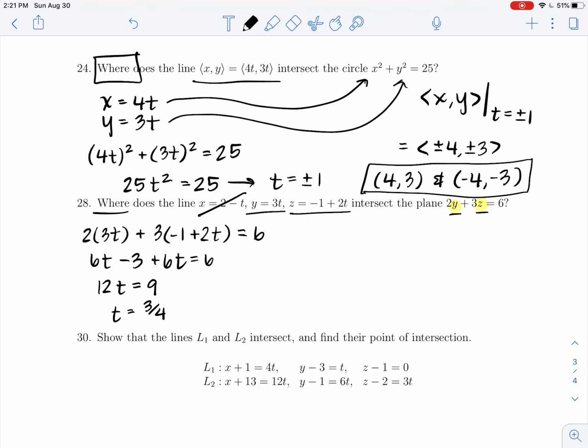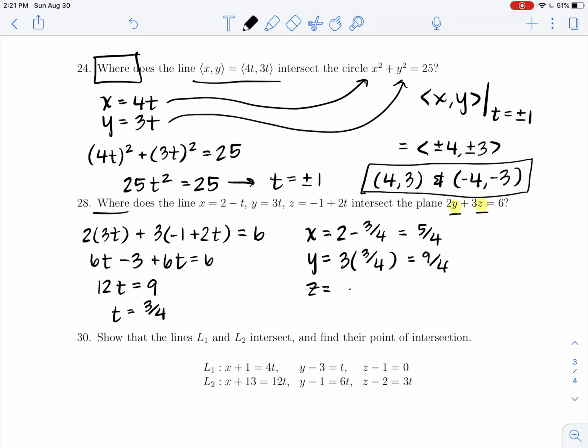Now again, they ask for where. We want to come up with an actual point value. So I'm going to plug t equals 3/4 into the x, y, and z parametric equations to come up with a point. So x equals 2 minus 3/4, so that's 8/4 minus 3/4, which is 5/4. y equals 3 times 3/4, so that's 9/4.